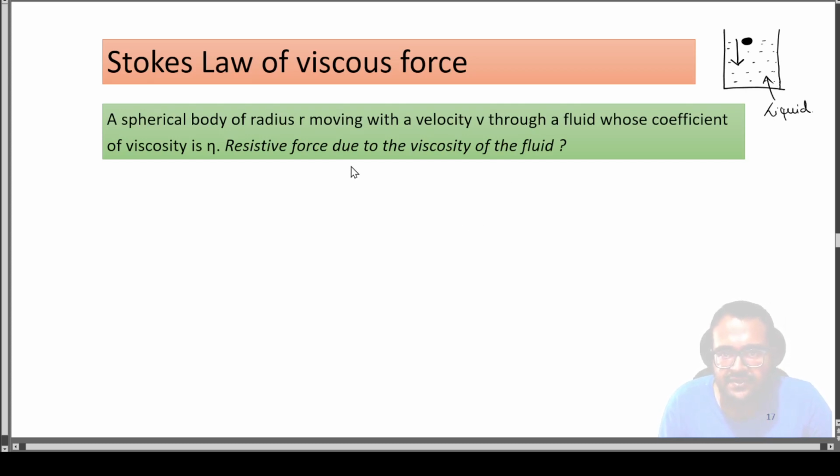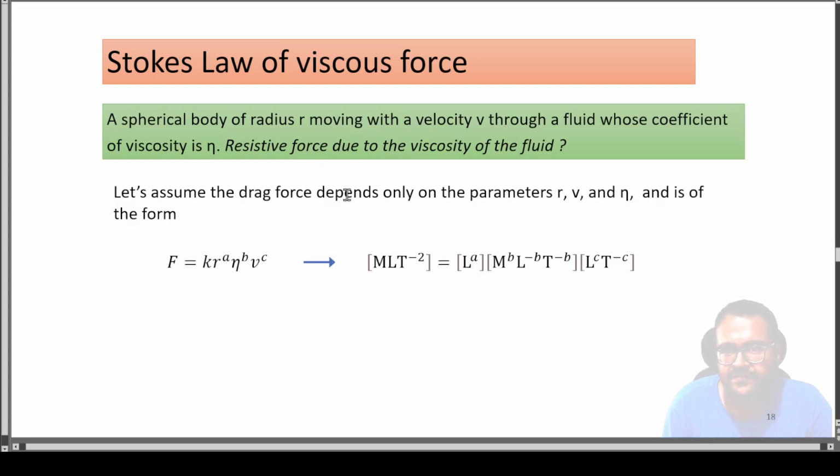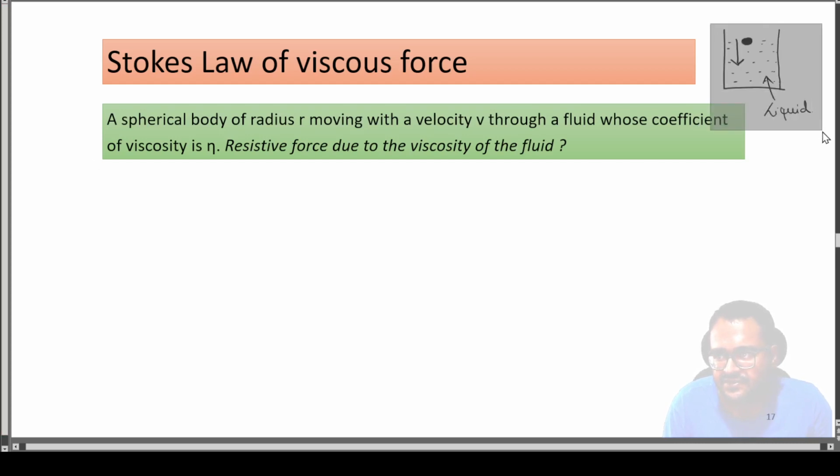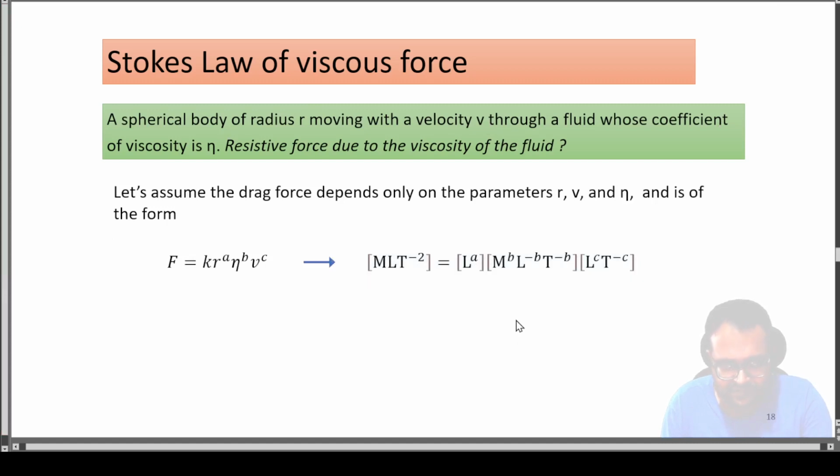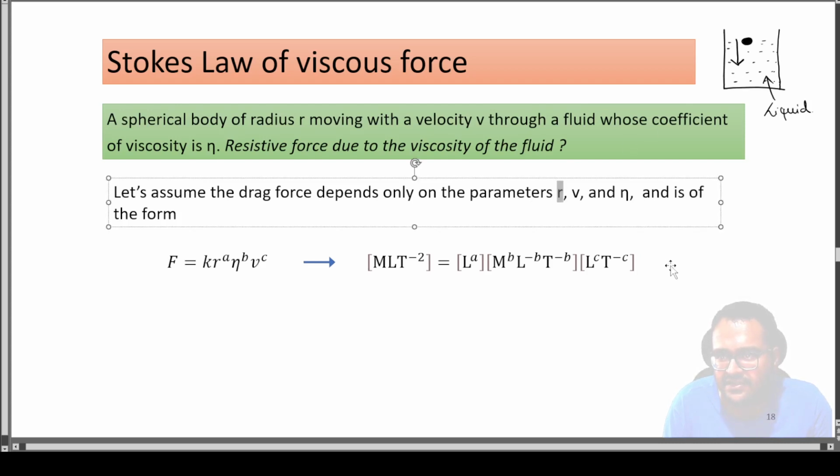So as we see, the resistive force could be a function of many possible things. The velocity of this particle when going down inside a liquid can be a function of the particle radius and, of course, the velocity itself.